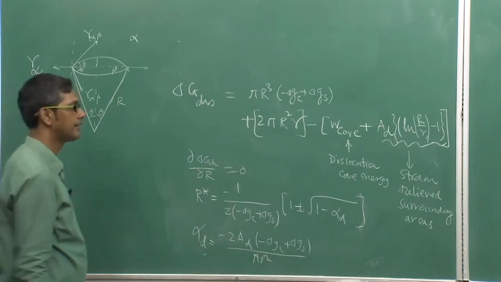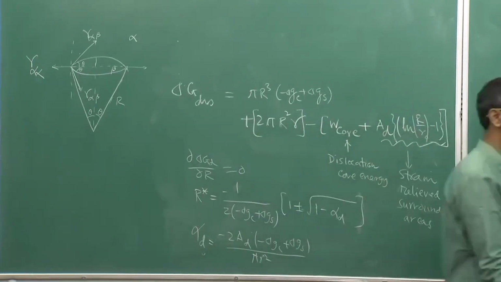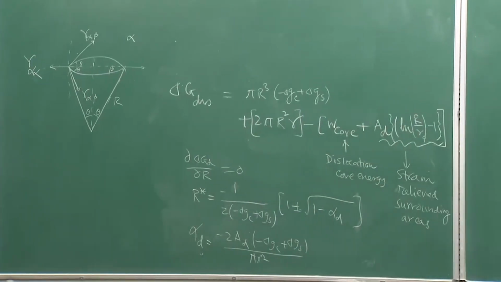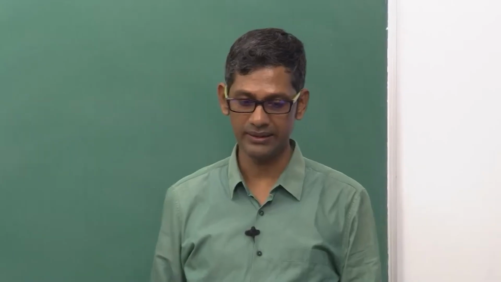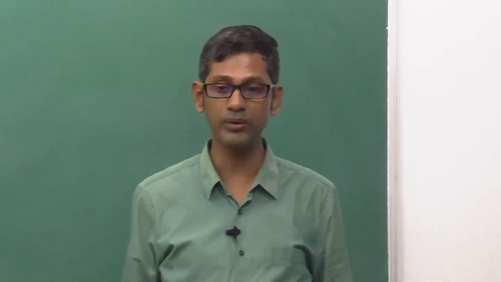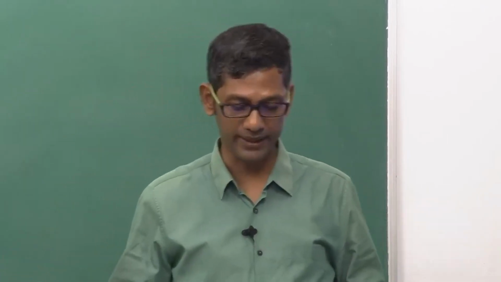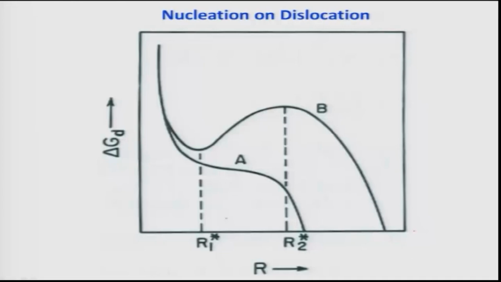So that means I can actually have two sets of values for nucleation, and this is what is shown here, okay. When alpha d, if you consider it as a plus value, then situation A will happen, that is delta G will reduce monotonically, and the final value will be R1 star.